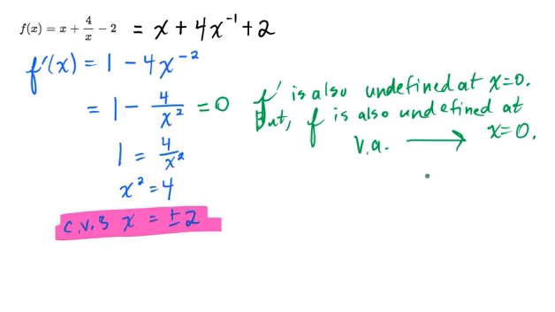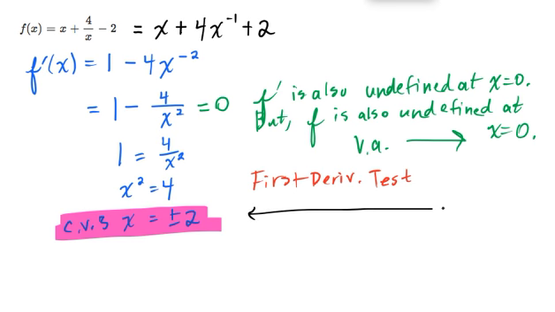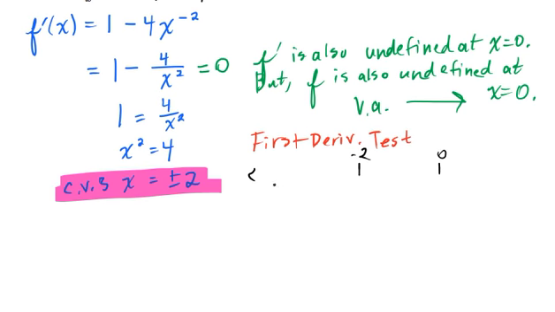Okay, so for the first derivative test, we want to put our critical values and anywhere where the function is undefined onto a number line. So I'm going to put negative 2, 0, and 2 all on this number line.